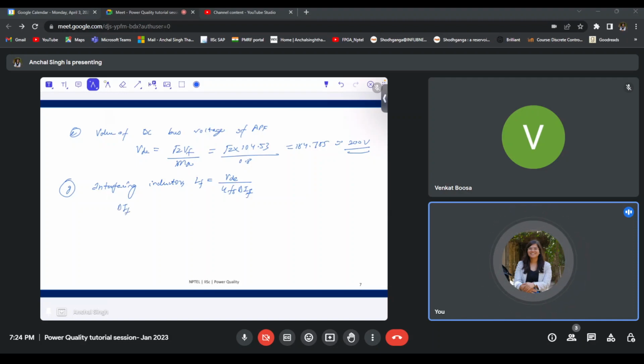Delta IF was given as 5% of IS, that is 0.05 into IS, where IS is equal to 13.091, and Fs is given as 10 kilohertz. By solving this expression, you will be able to find LF as 7.639 millihenry.